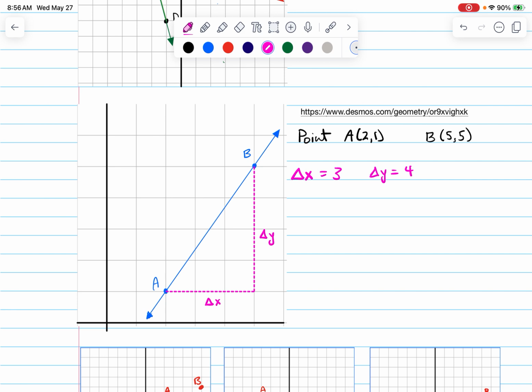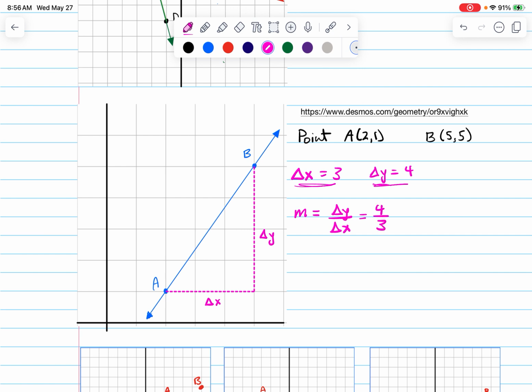Now we want to put those together. In other words, for a given change in x, how much change do I have in y? We call that the slope. So we have delta y over delta x, which is going to be 4 over 3.